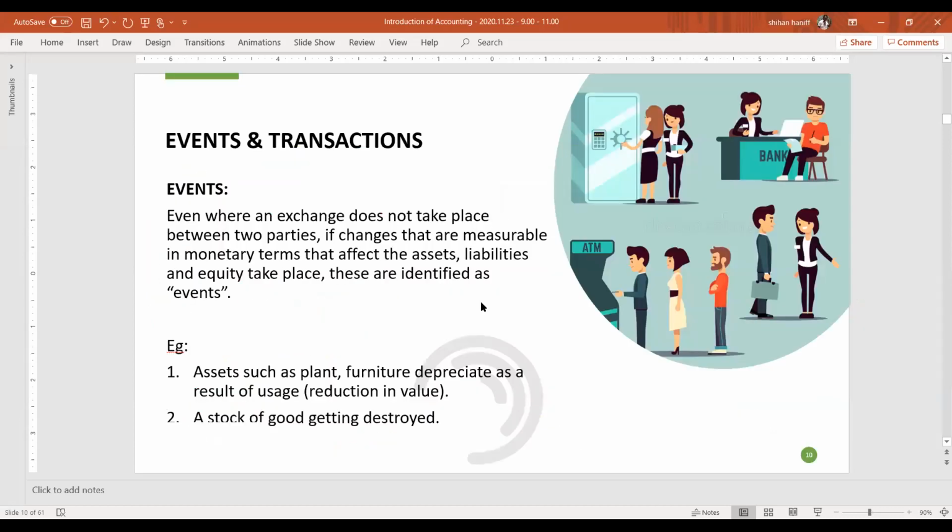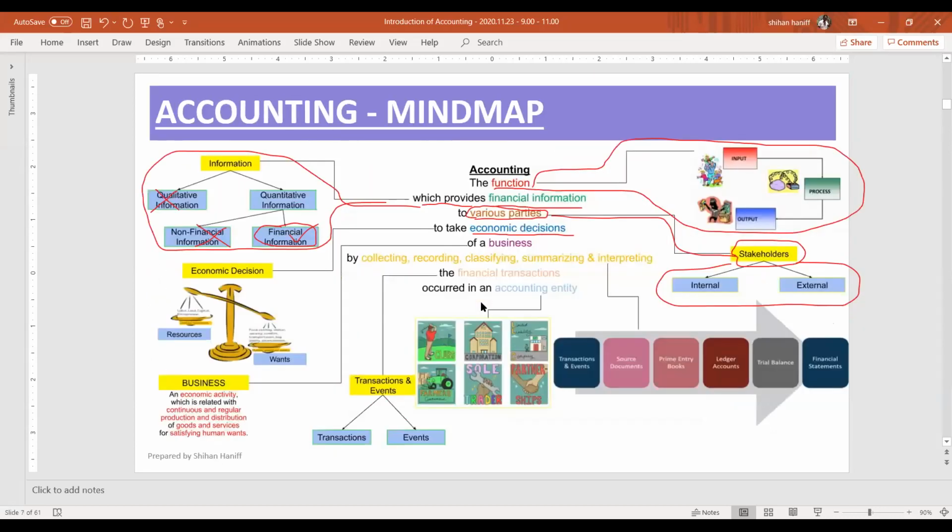Okay, so we are back to the definition. Accounting is a function which provides financial information to different stakeholders to take economic decisions. So I explained what economic decisions are, of a business, not the personal things.